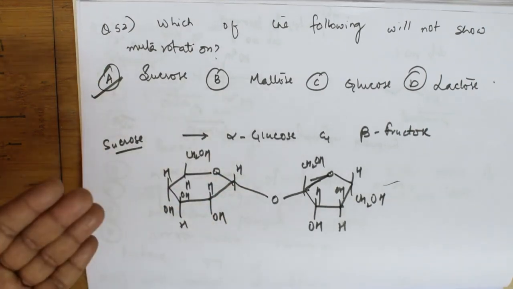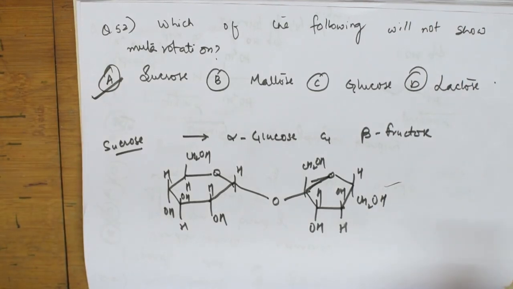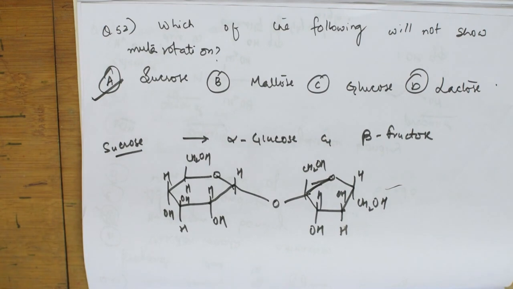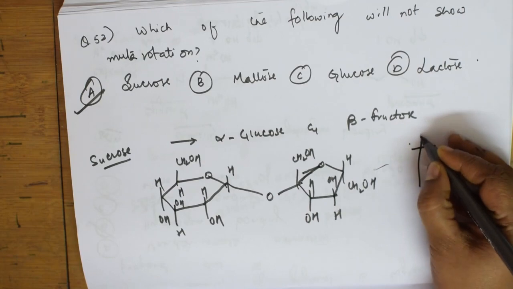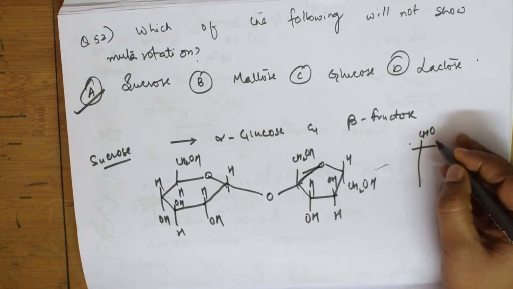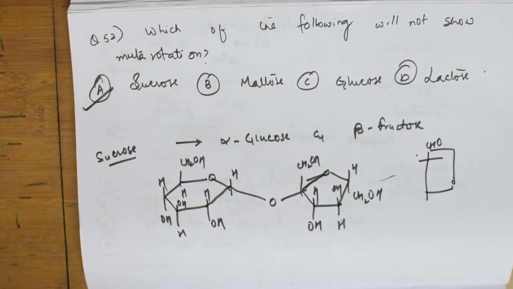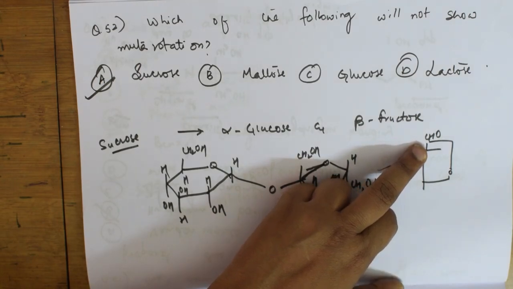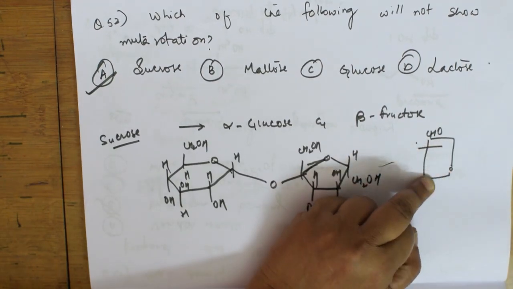When we draw a straight chain, we have CHO as the first carbon, before it reacts with the fifth carbon in glucose to form a cyclic structure internally. That is the anomeric carbon.